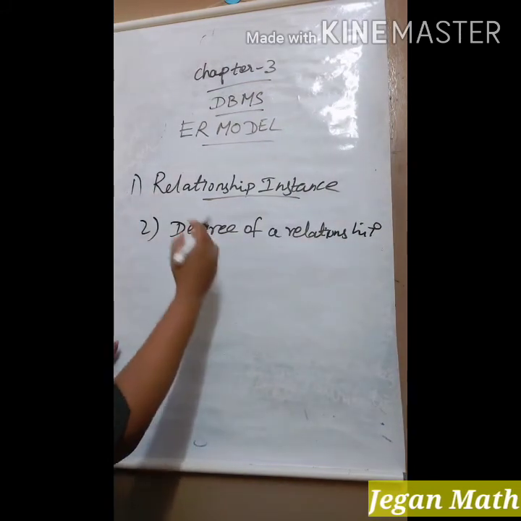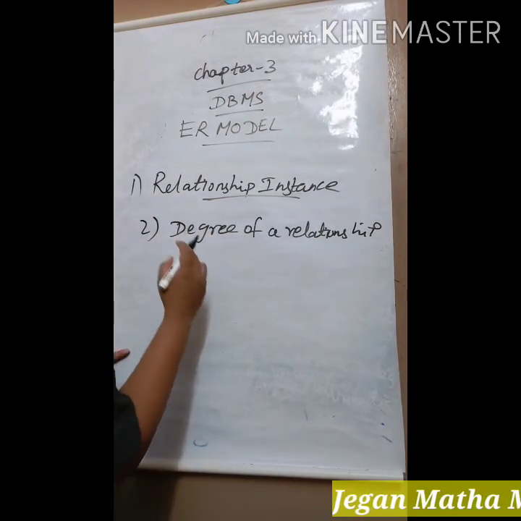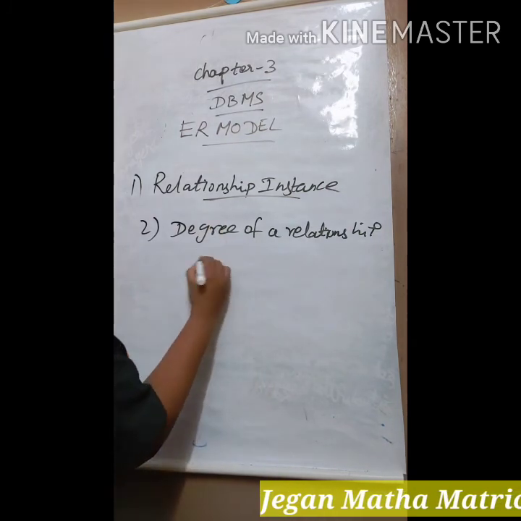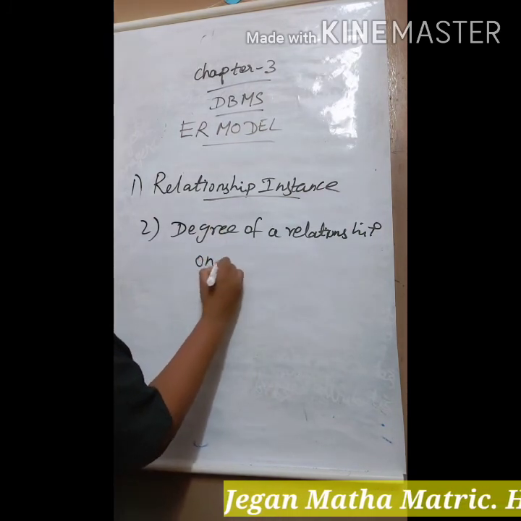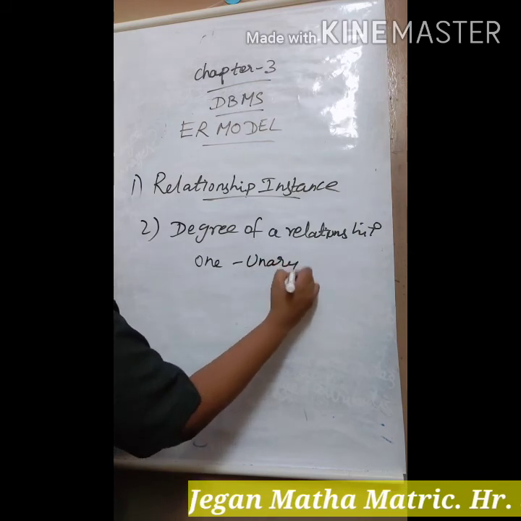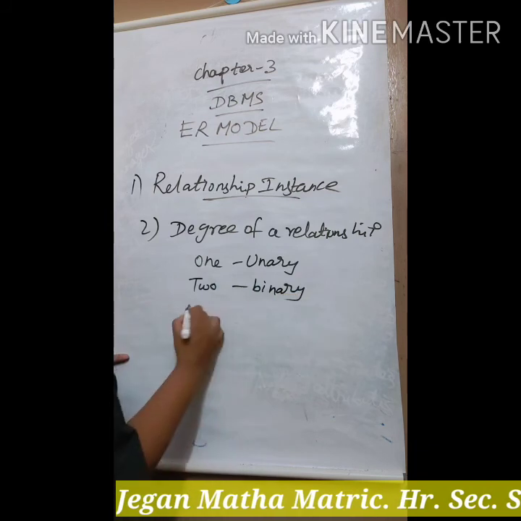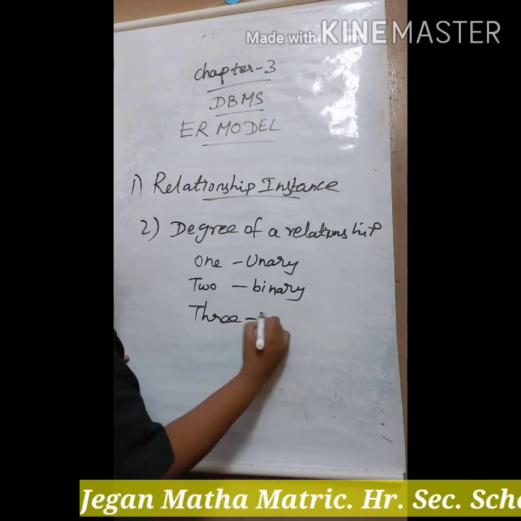The number of entity types involved is called the degree of the relationship. One means unary, two means binary, and three means ternary.